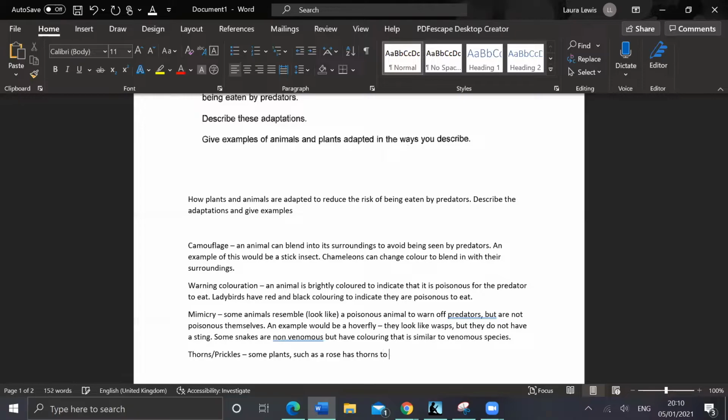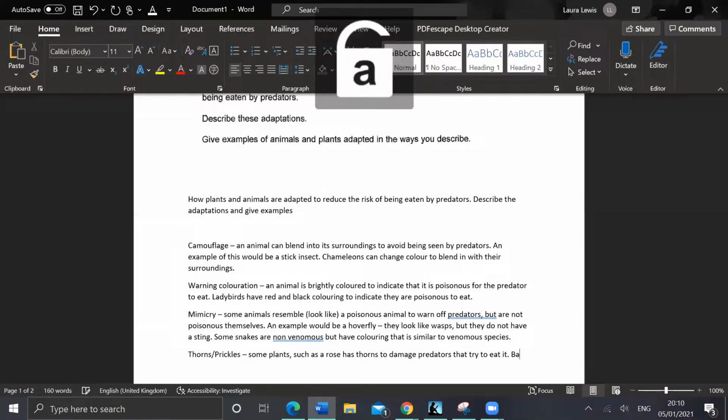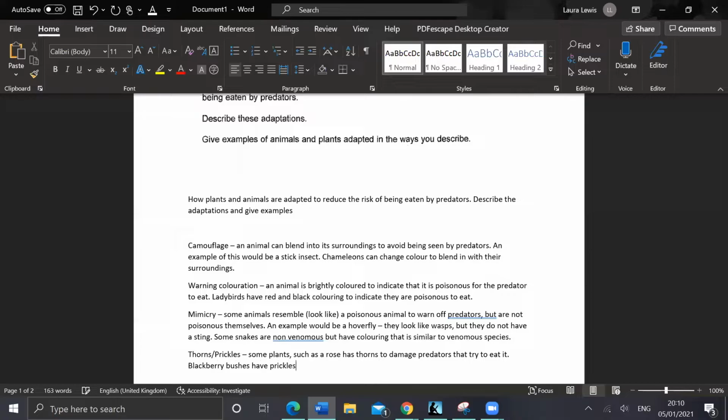It has thorns to damage or harm predators that try to eat it. Blackberry bushes, so there's quite a lot of plants here. These are quite common in England too. They have prickles, so it's not quite thorns, that harm predators.